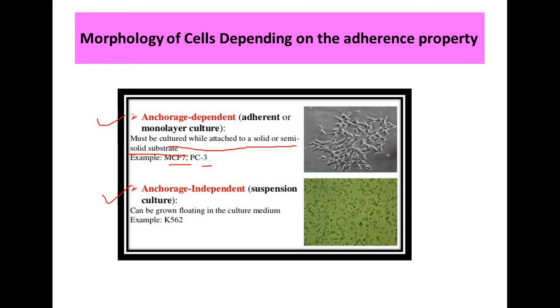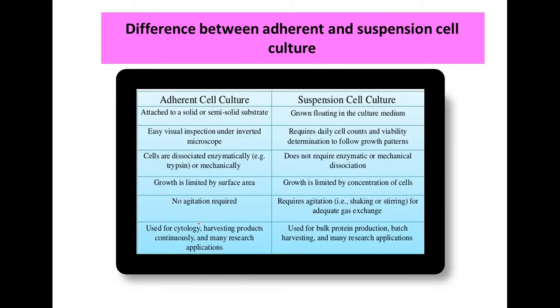This is the morphology of anchor dependent cells, and this is the morphology of suspension culture, or anchorage independent, which can grow floating in the culture medium. Example: K562. So the difference between adherent and suspension cells is that adherent cells attach to a solid or semi-solid surface, but suspension cells grow floating in the culture medium.